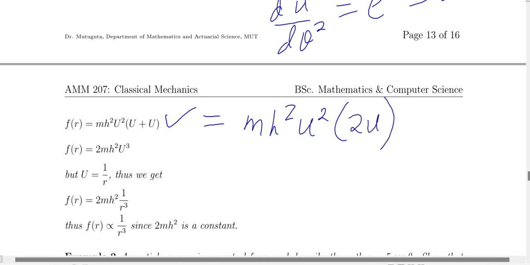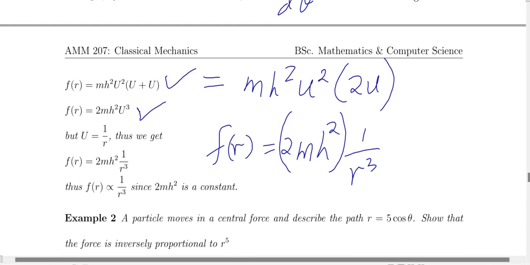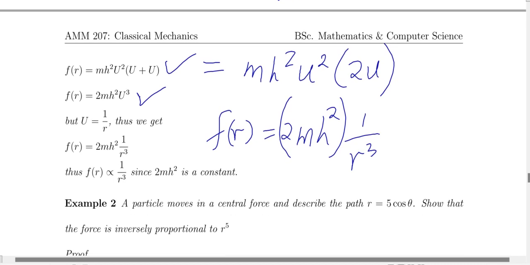When we multiply out, we get this expression, where u is 1 over r, so that we can write Fr is equal to 2 m h squared times 1 over r cubed. Now, because m is a constant and h is a constant, we can say that Fr is proportional to 1 over r cubed, or the force is inversely proportional to r cubed.